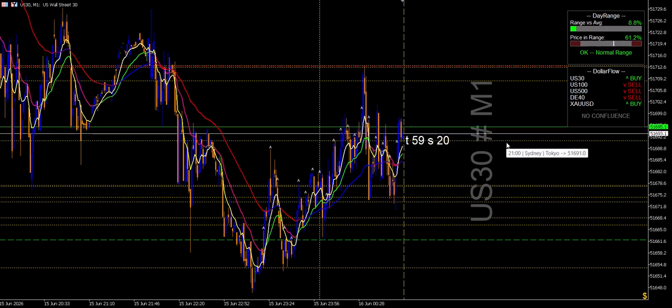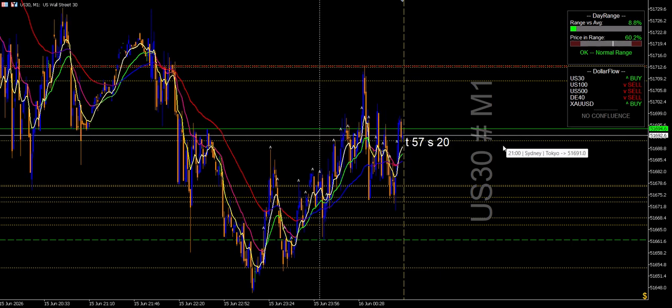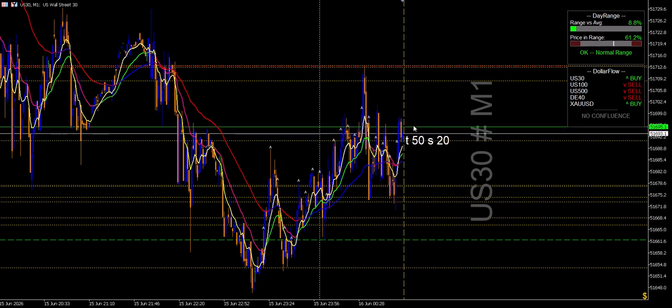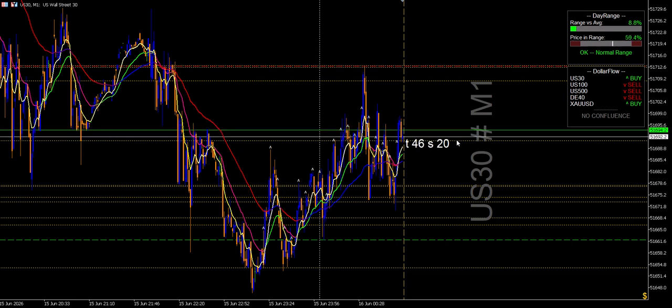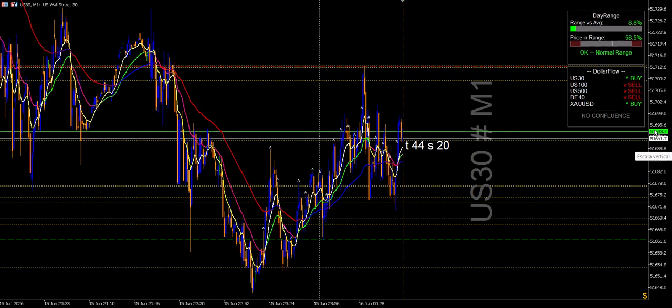You'll see how contested the price line is, how much it's a high resistance point. In this case here, when it opened, the battle was interesting for that hour.